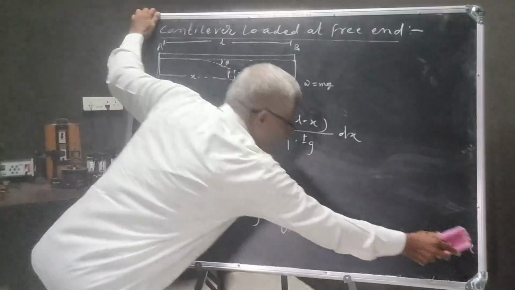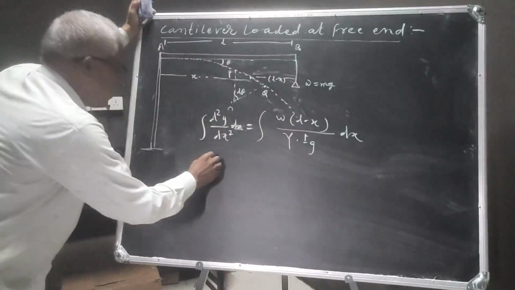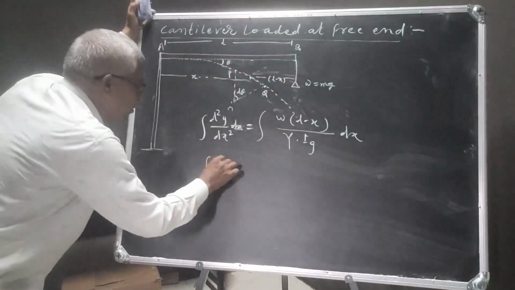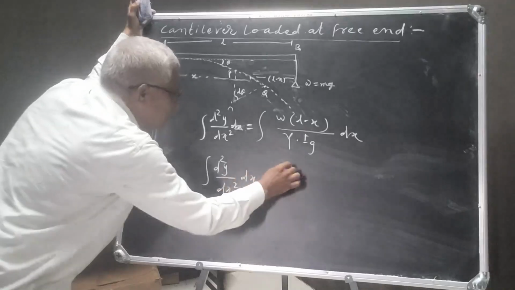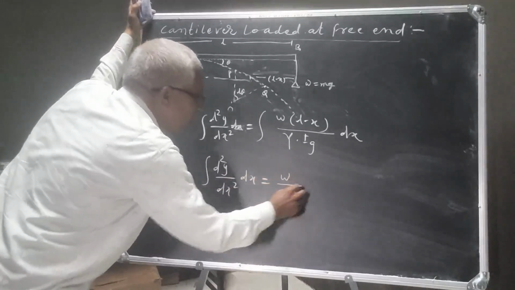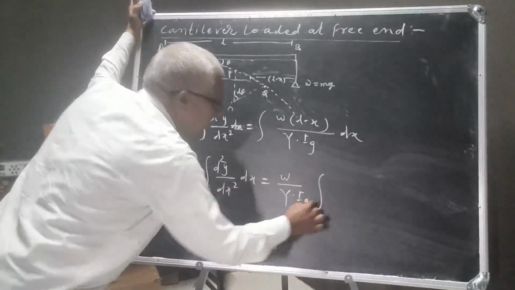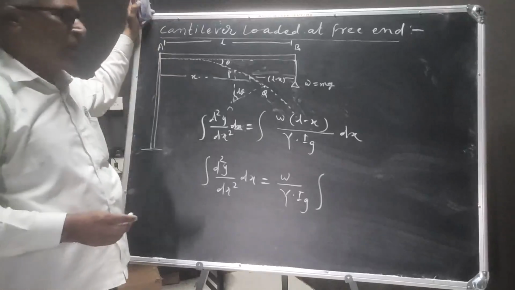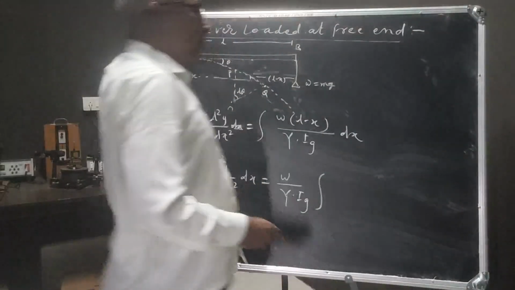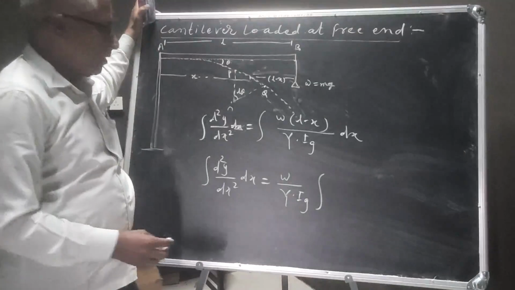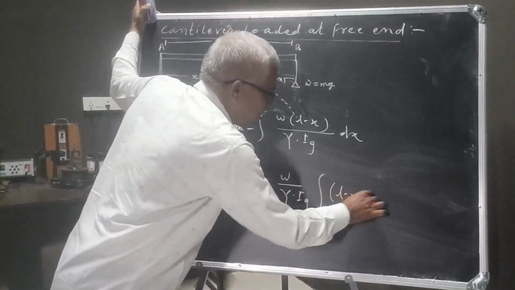Here we will take the constant terms outside the integration. Therefore, the integration of d2y by dx square into dx equals W upon Y into I_g, which is the constant term we have taken outside, and inside the integration is (L minus x) into dx.